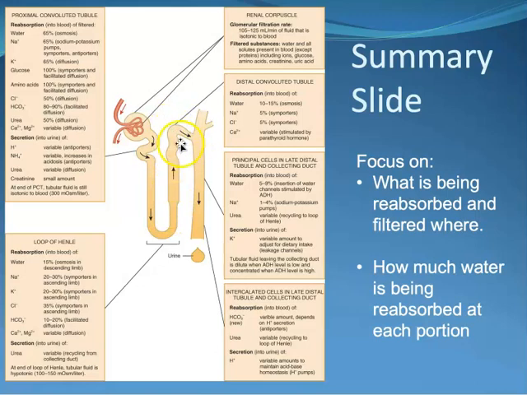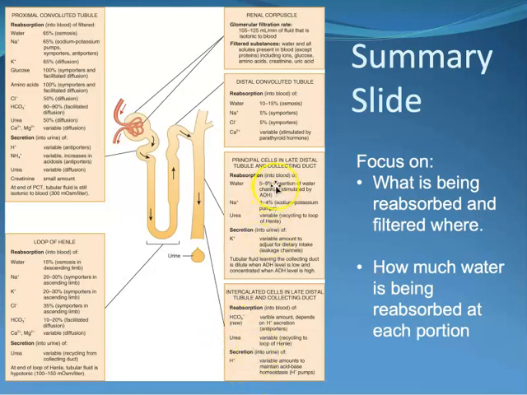In the distal convoluted tubule, we'll have some more water reabsorption, sodium, chloride, and calcium. Then in the late distal convoluted tubule, as well as the collecting duct, we have water, sodium, potassium, and then bicarbonate being reabsorbed and secretion of hydrogen ions.